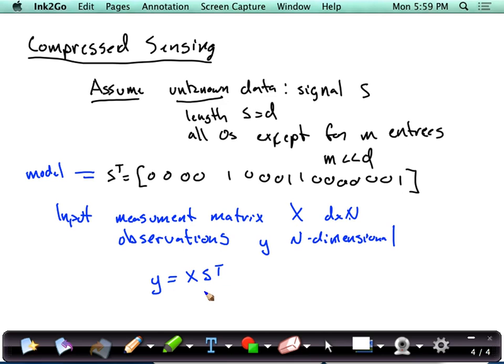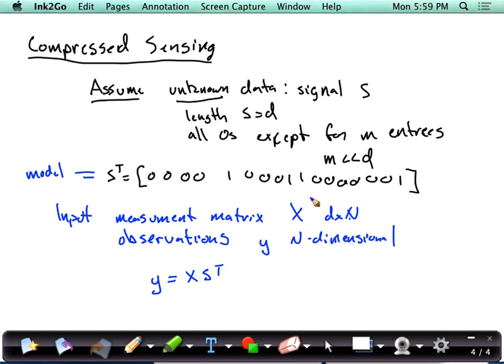Okay, so if N is smaller than D, then in principle you really shouldn't be able to do this, right? There's not enough observations for you to actually figure out all of the best values here. If we're doing this least squares approach, you need more observations than you have coordinates you're trying to understand.